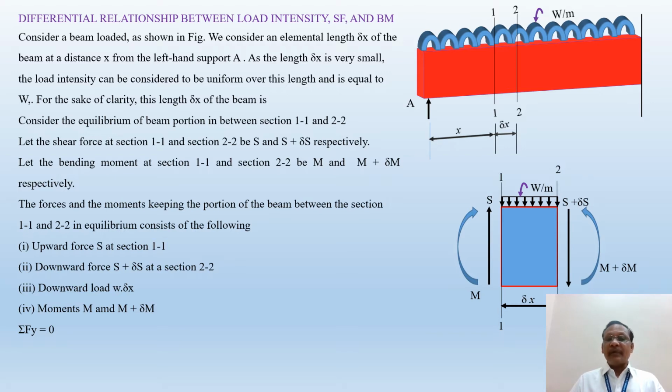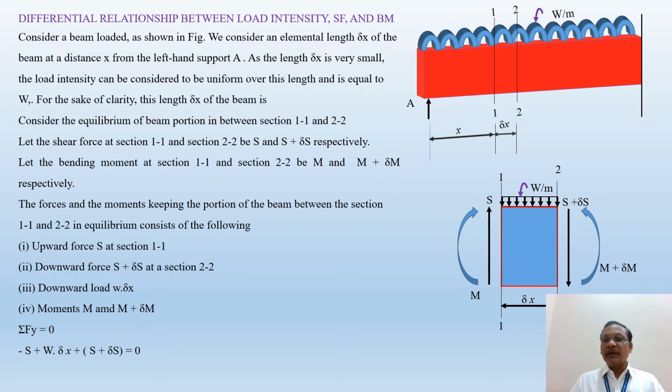So by applying sigma Fy is equal to 0, upward forces are taken as positive and downward forces are taken as negative. So minus S upward, plus W into delta x downward, plus S plus delta S downward is taken.